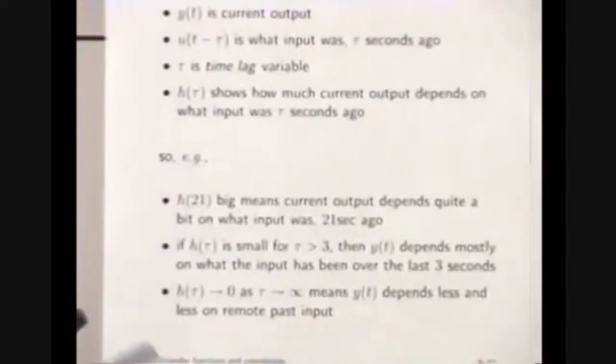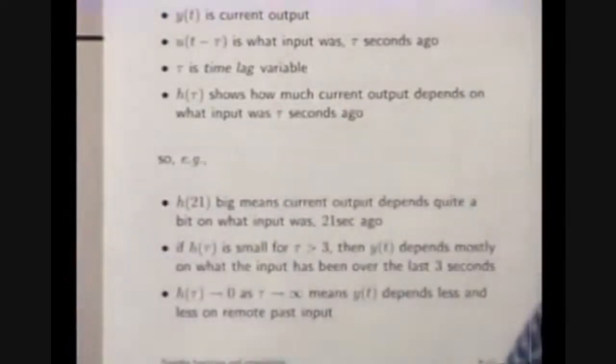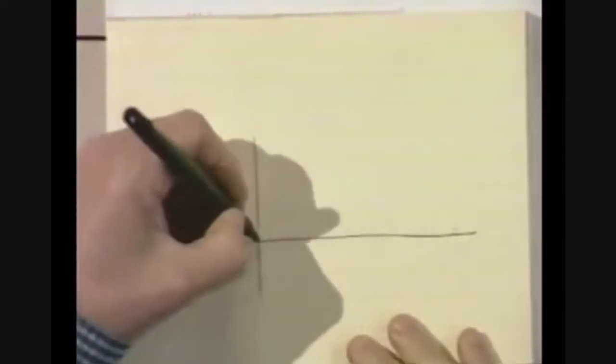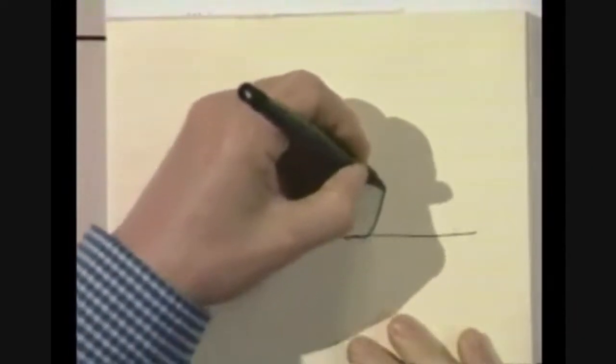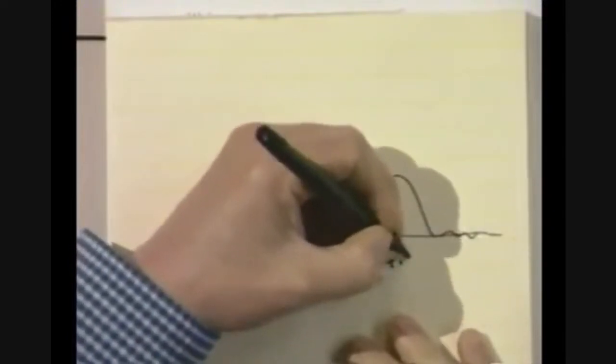And this is just some simple examples, and then we quit. If someone walks up to you and has an impulse response and plots it, or measures it, and you see something like this, which is fairly common, a big bump around t equals 21.